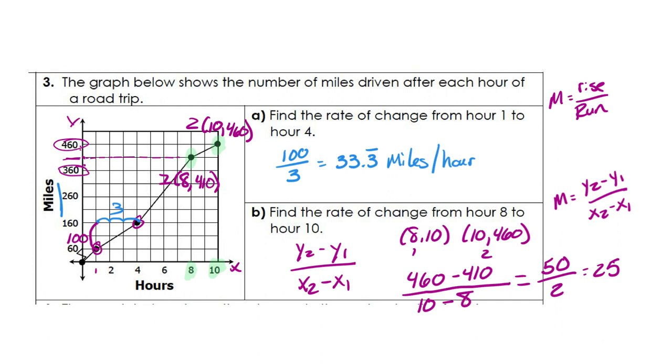So it works out to be 25 miles an hour. That is the same. I could have looked at it and said, okay, it goes up by 50. 50 is my rise. 1, 2, 2 is my run. That would have landed me right here. And all from there I would have had to do was simplify.